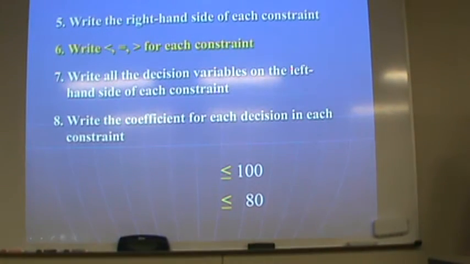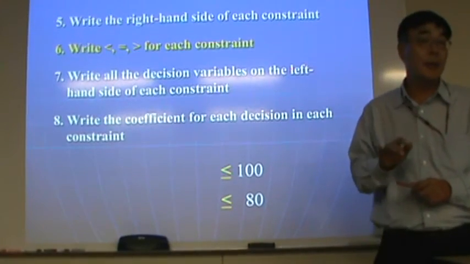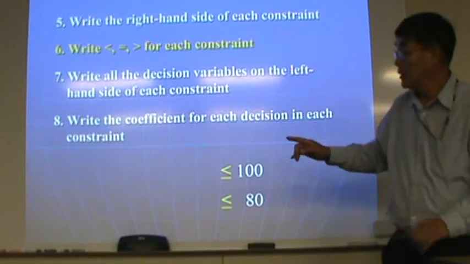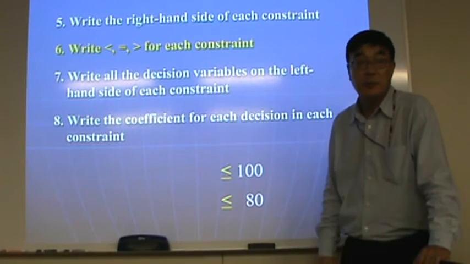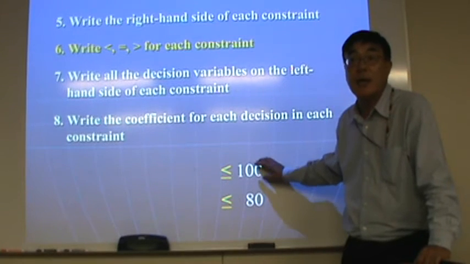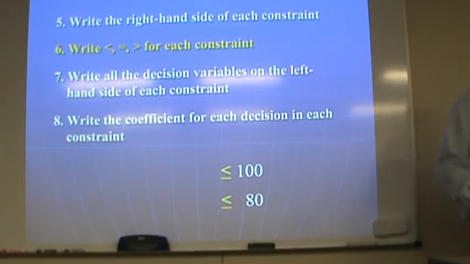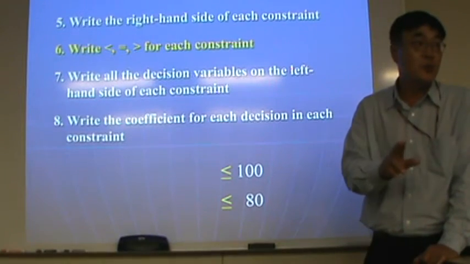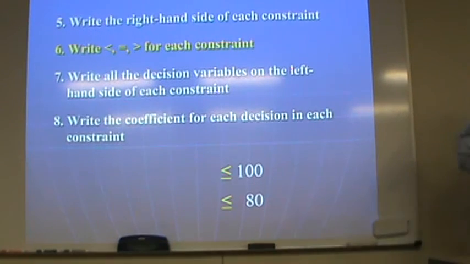Not always, but usually in a maximize problem, the constraint sign is less than or equal to something, because they are limited. Up to that many, that much we can use. Minimize problem, not always, but usually greater than or equal to. We will talk about that later again.